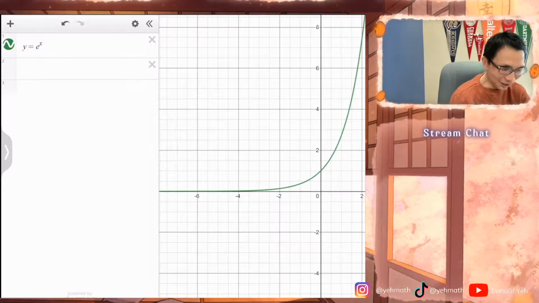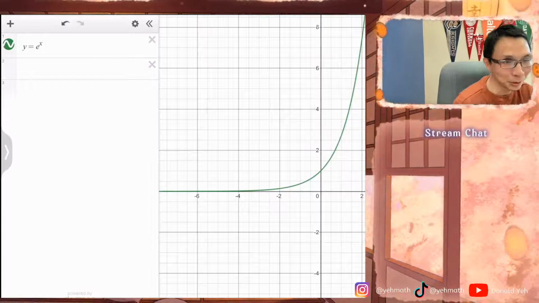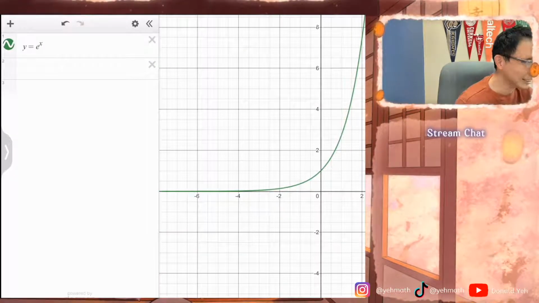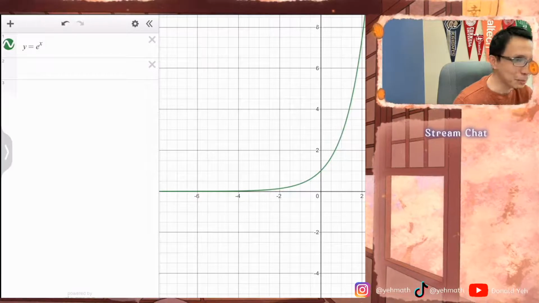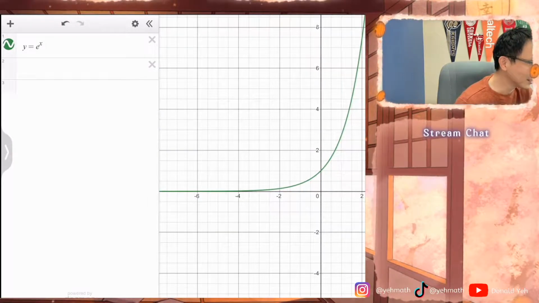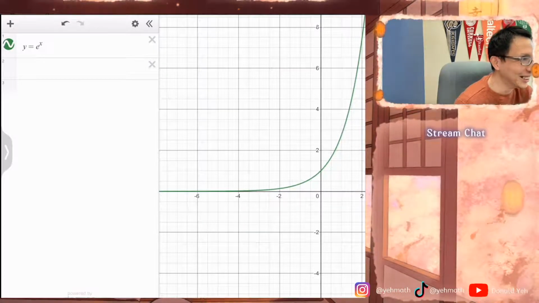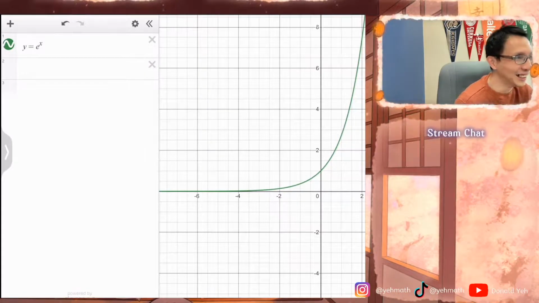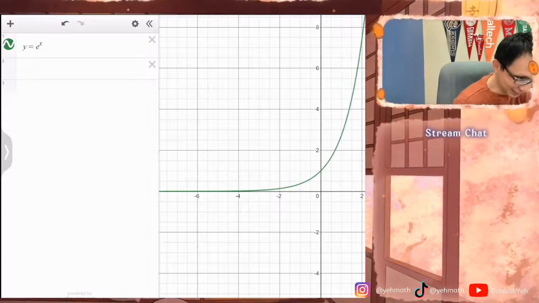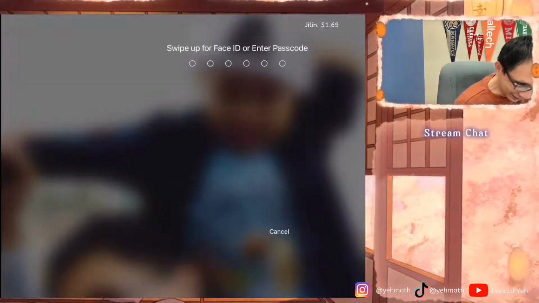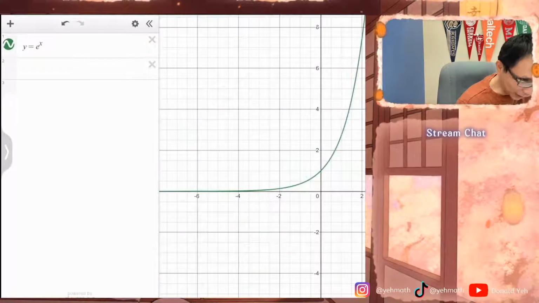You joined the Zoom meeting butt naked, Connor. Dude, it's a way of learning, okay? Great. Just great. Okay.